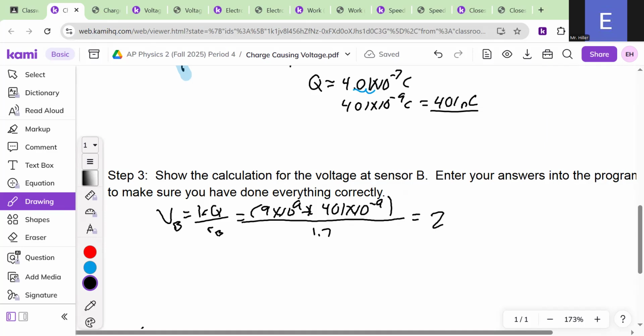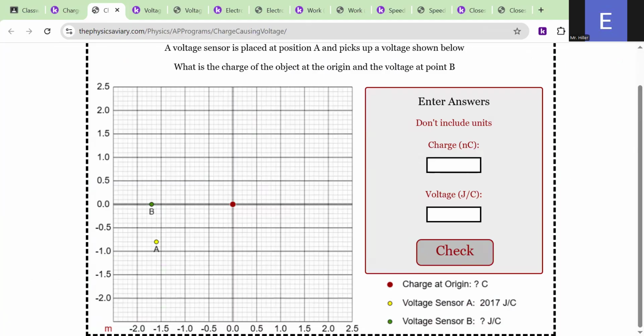And for me, I'm getting a value of about 2,123 volts. Let's go ahead and check.